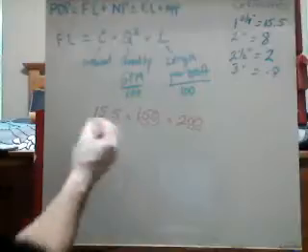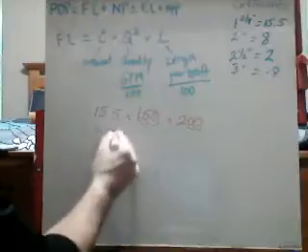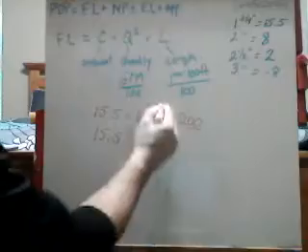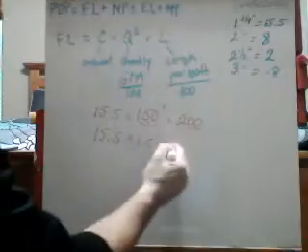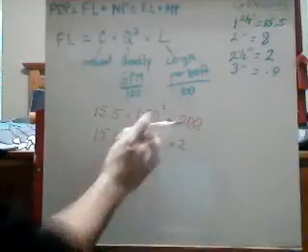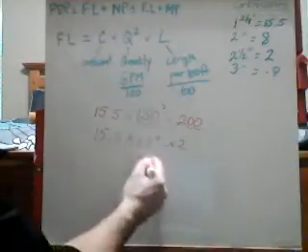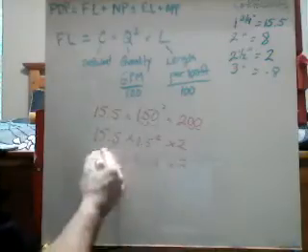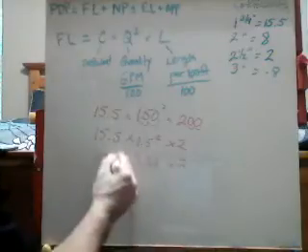Okay, so rewriting the equation is 15.5 times 1.5, make sure we put the square, times 2. This is what we want to figure out. So 1.5 squared is 2.25, times 2, times 15.5.